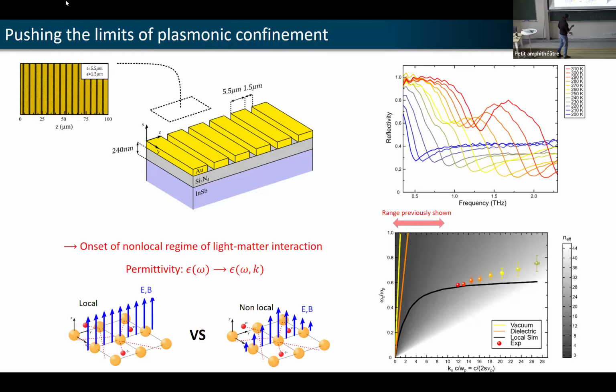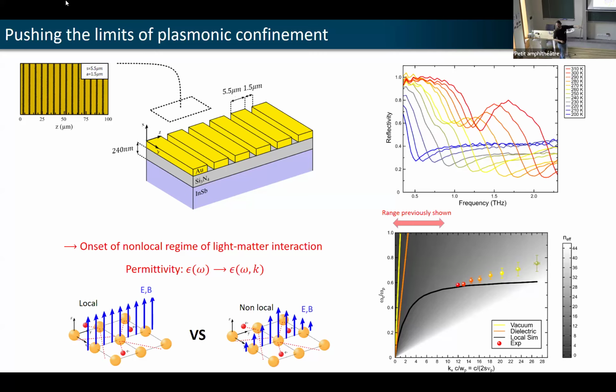This departure, we say, comes from the onset of the non-local light-matter interaction regime between the terahertz photons. We have squeezed our terahertz photons so much that they start to have non-local interaction with the electron gas. It makes sense because in a local model, this dispersion would just saturate at infinity.